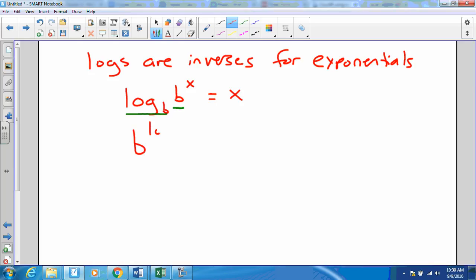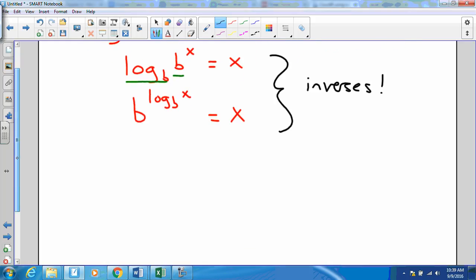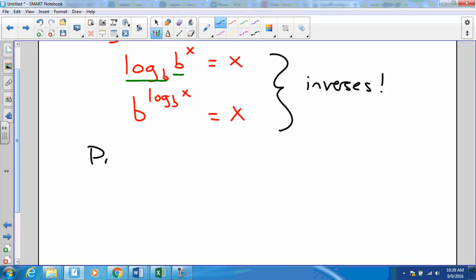And likewise, b to the log base b of x is equal to x. And so these two statements are simply applying the definition of inverse in our particular case. Now immediately, this helps us with one of our classic problems, our first classic problem for today.